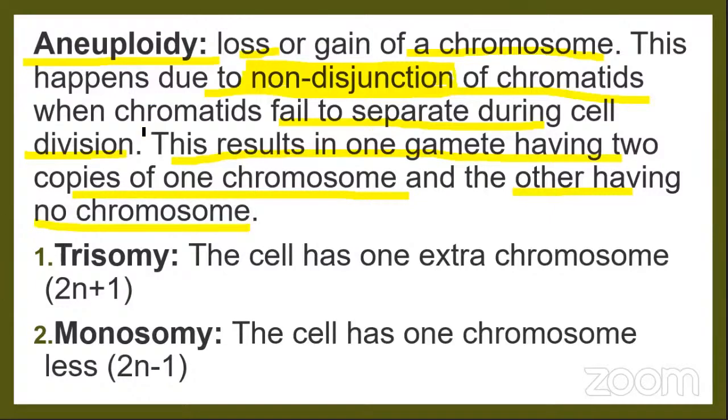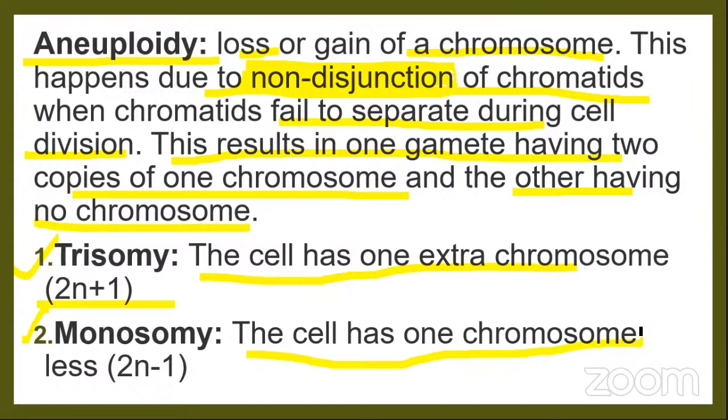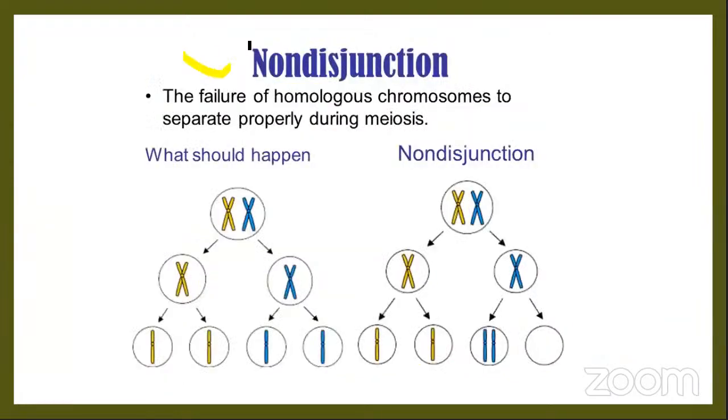In the next slide, we will see the picture regarding this. In trisomy, the cell has one extra chromosome, that is 2n plus 1. Under the monosomy condition, there will be one chromosome less in the cell.